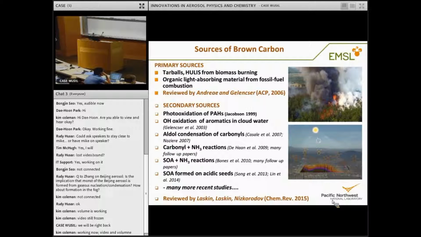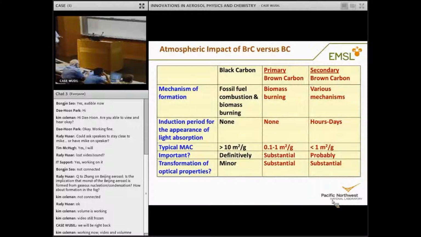So there is this second source of the brown carbon that is not fully understood at this point and even not fully recognized. So, comparing the properties again, black carbon versus the brown carbon. The formation of black carbon, it's always combustion.